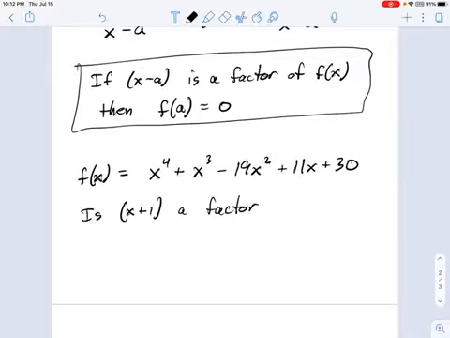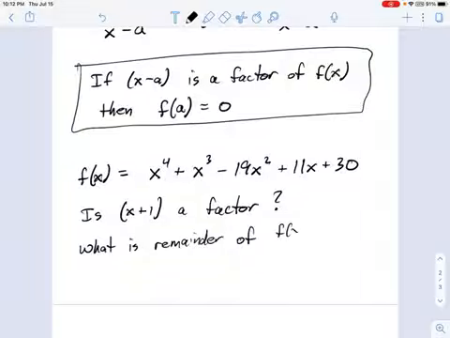Or in other words, the same question phrased differently is, what is the remainder of that big polynomial divided by x plus 1? So let's use the remainder theorem to figure it out.